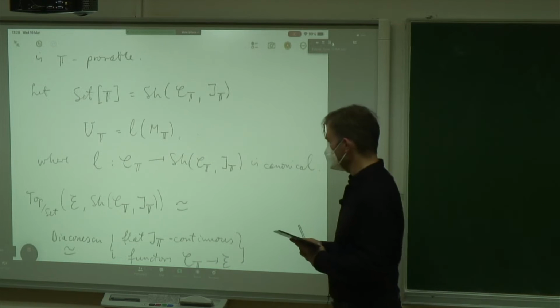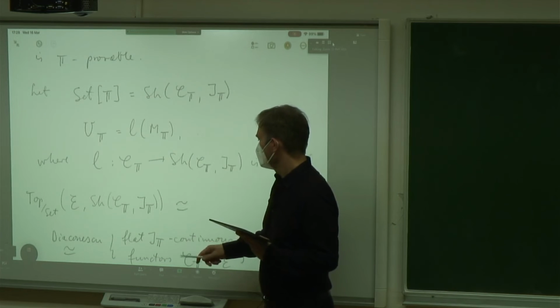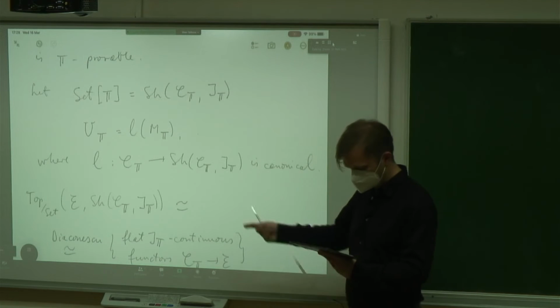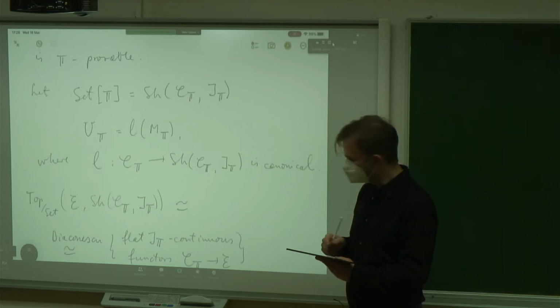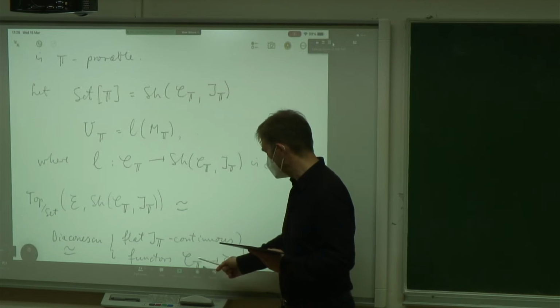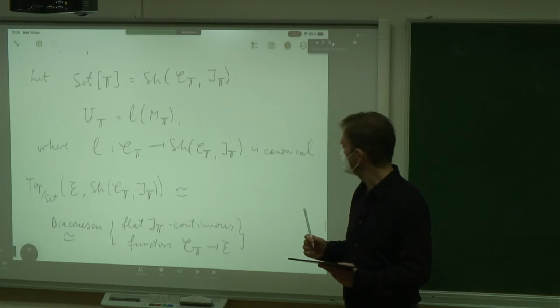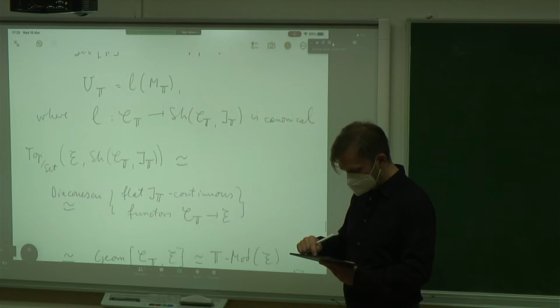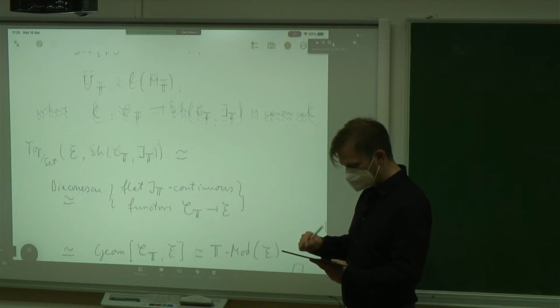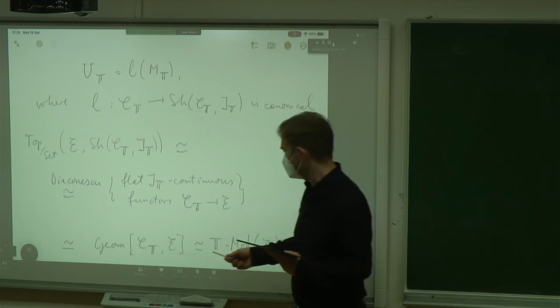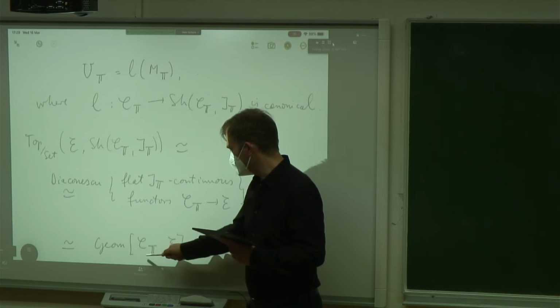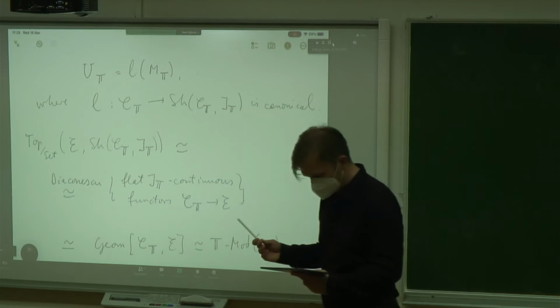Diaconescu's theorem tells you that this is equivalent to the category of torsors, or in other words, flat J_T-continuous functors from C_T into E, whatever that means, so we can't go into details. And then you can check that this is the same as geometric morphisms from the geometric syntactic category into E.